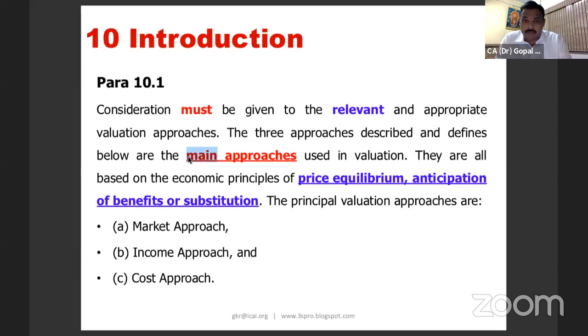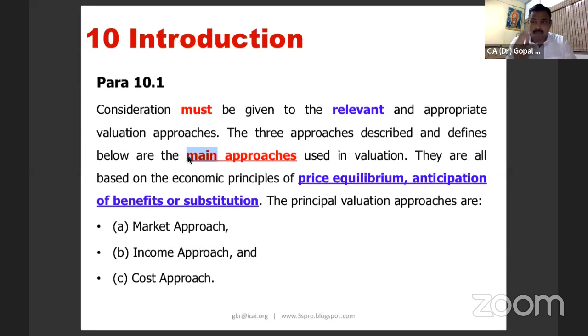I can tell you that, but there they say it is called the net asset approach. So where net asset is, that means you have more than three approaches also. But both the standards, that is both IVS as well as ICRVO, they only advocate three approaches. Okay. So the principal valuation approaches.